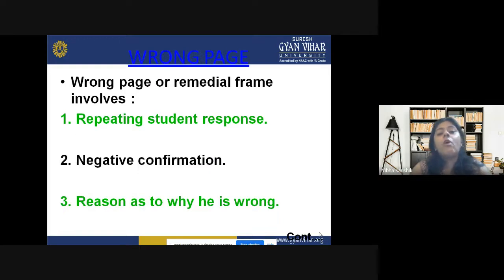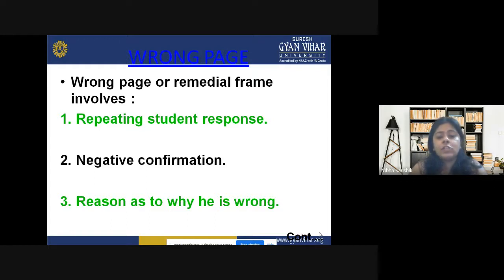Now, wrong page. What is the concept of wrong page? Wrong page or remedial frame involves three things. The first one is repeating the student's response, the response which was given by the student; we have to repeat that response of the student.